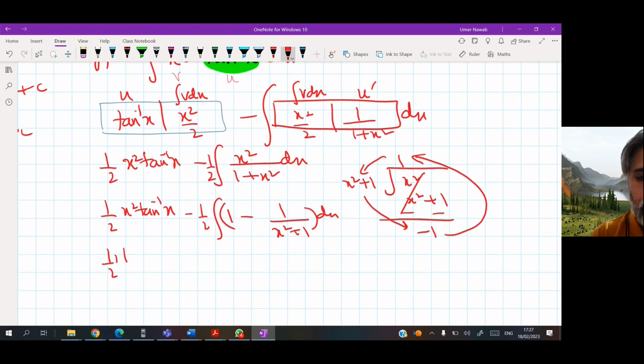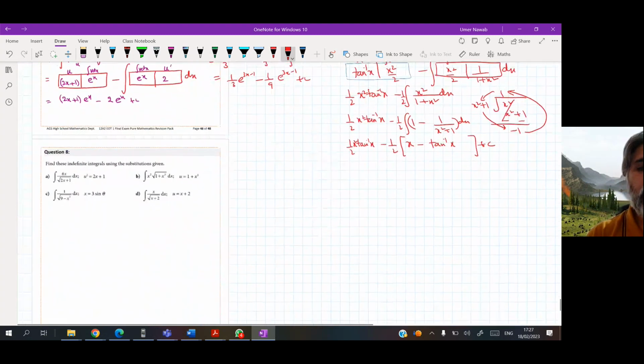So half. It's not very important, guys, for this exam, but you need to be careful for the Cambridge exams. Integration of 1 is x, and this is inverse tan of x plus c, and that's all. We are done with integration by parts.